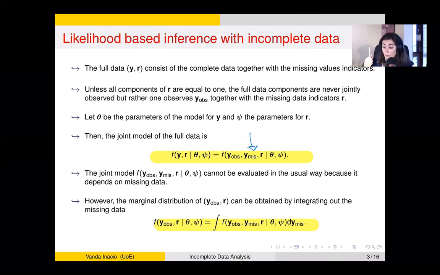And so here I want the marginal joint distribution of Y observed and the missing data indicators, and therefore, I can integrate the joint model of the full data with respect to the missing values. And here it's a slight abuse of notation because, of course, this is a multiple integral because I have more than one missing value, but it is just to abbreviate the notation. Okay?